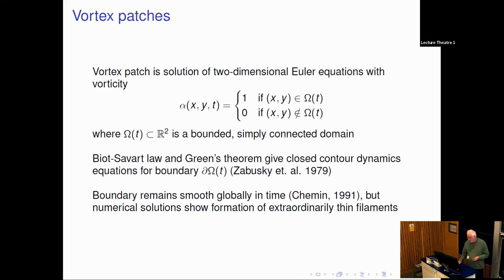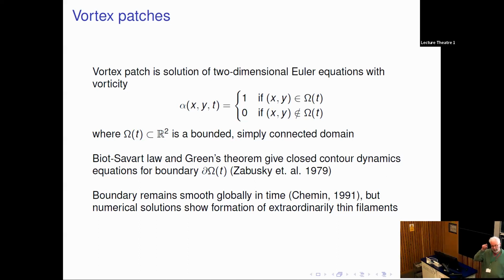Right, so maybe the most familiar example of this is the vortex patch problem, where you have some bounded, simply connected region omega of t, where the vorticity is, let's say, 1 inside that region and 0 outside. Going back to Zabusky, you can write down contour dynamics equations.